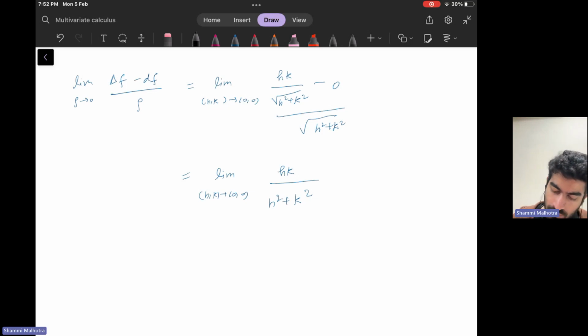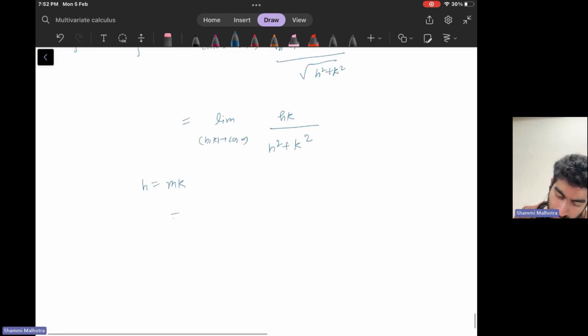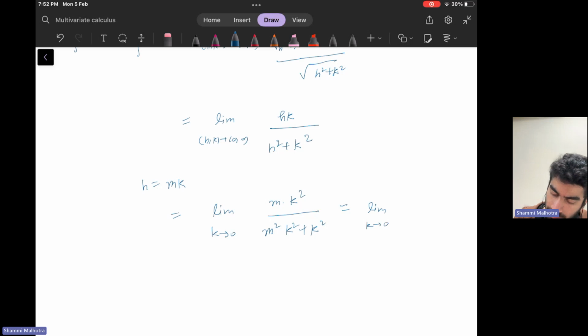So let us take the path h equal to mk. So this will be limit k tending towards 0 of m times k square over m square k square plus k square. This is nothing but limit k tending towards 0 of m divided by m square plus 1.